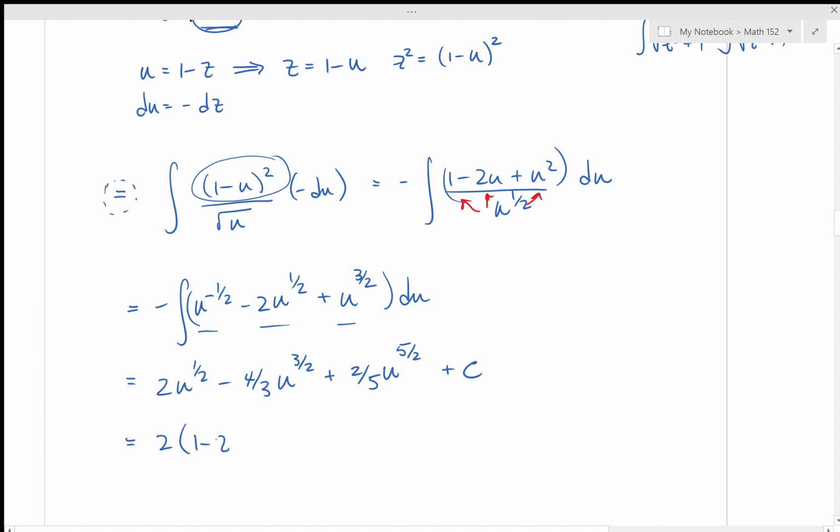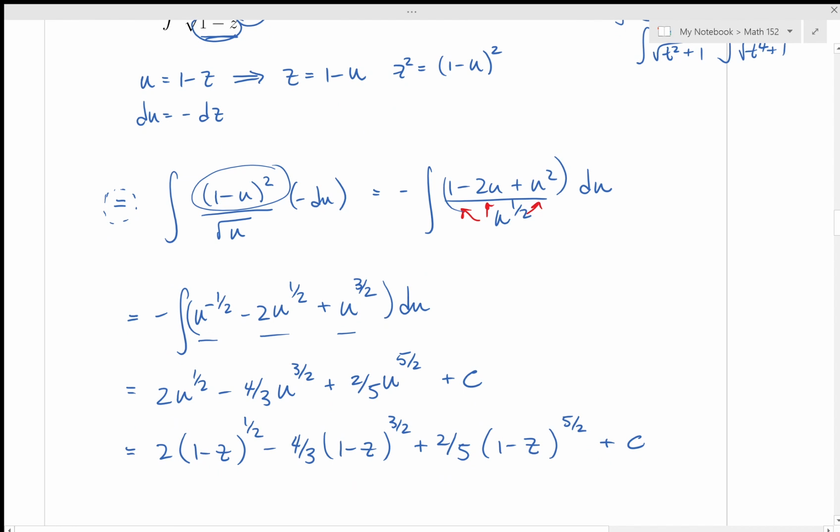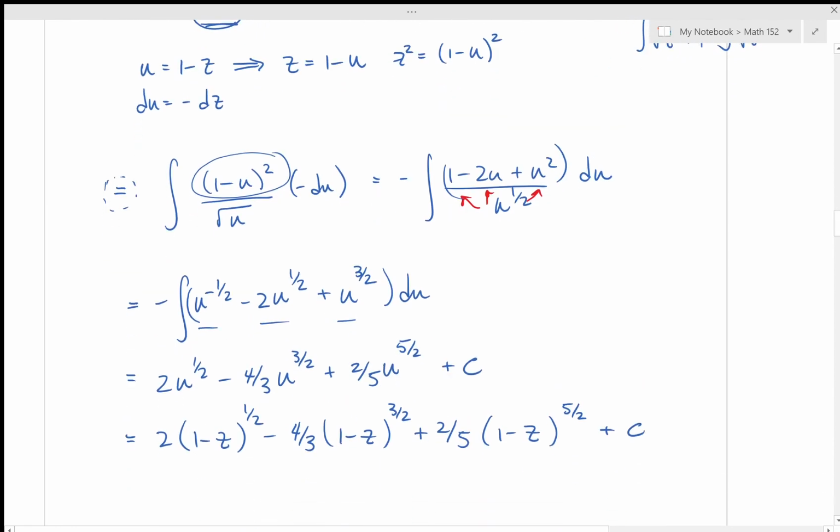U is 1 minus z, to the 1/2, and 4/3 times 1 minus z to the 3/2, back substituting each one of the terms, 2/5 times 1 minus z to the 5/2, plus the constant. Okay, clearly a much more difficult problem than the previous examples, and in fact you should check it by differentiation. When you check it by differentiation, you're going to find that you have to form a common denominator and put them all back together to see whether you actually got what you expected. But that is the correct answer.